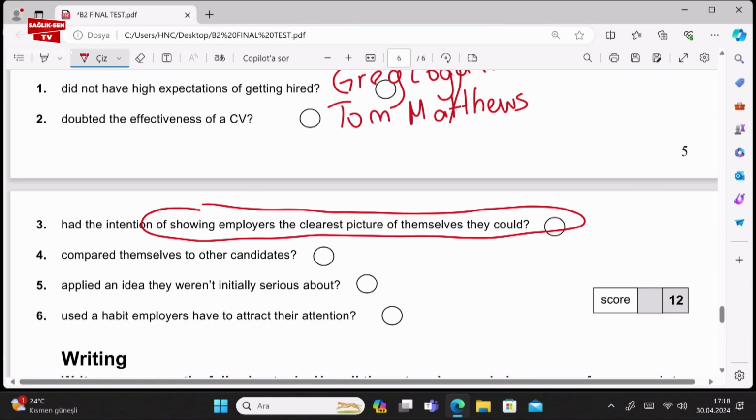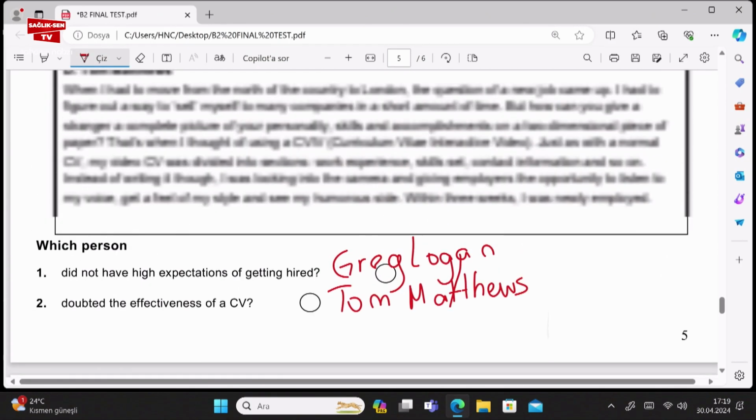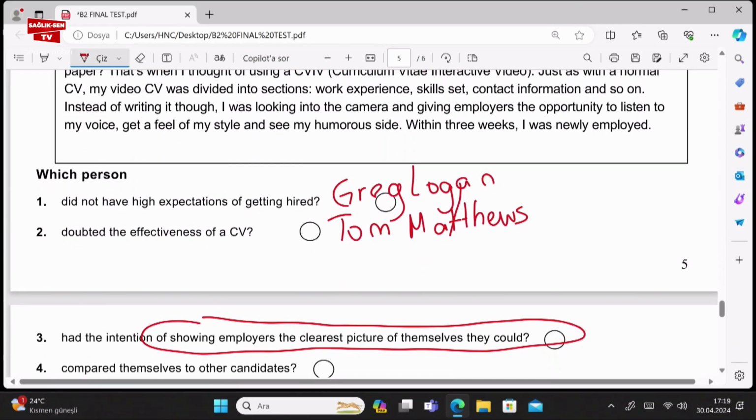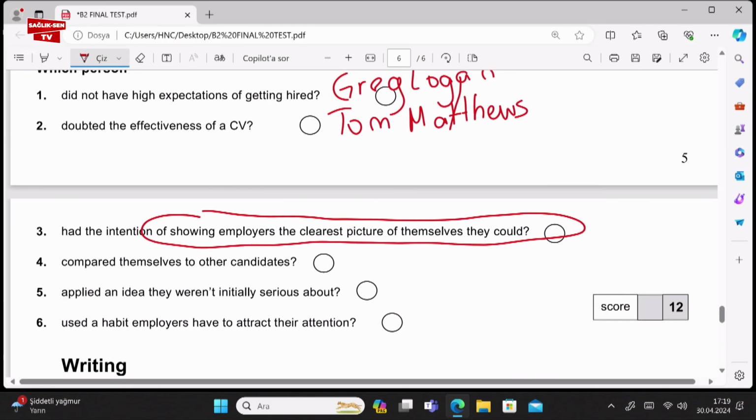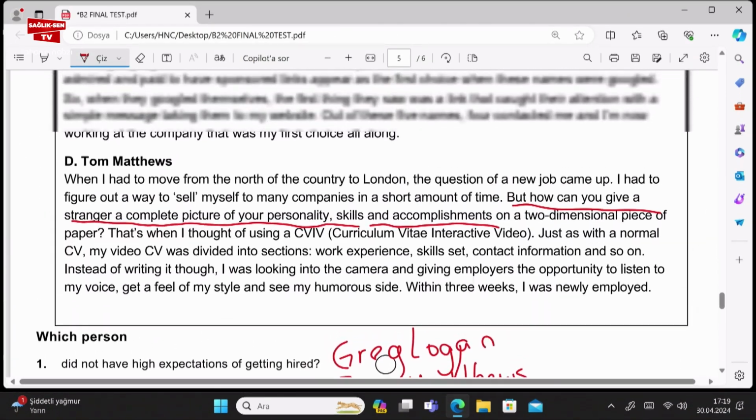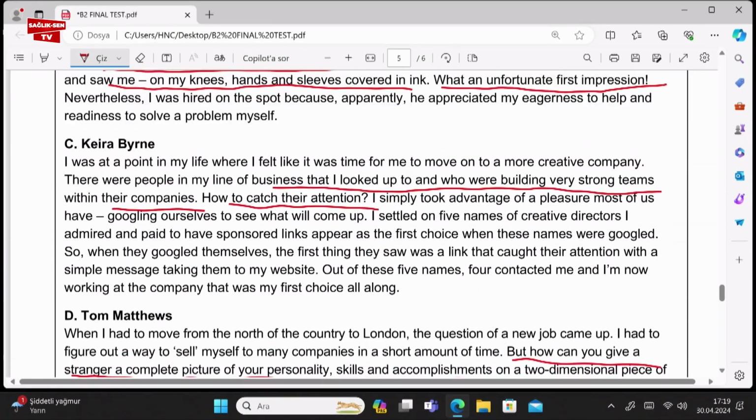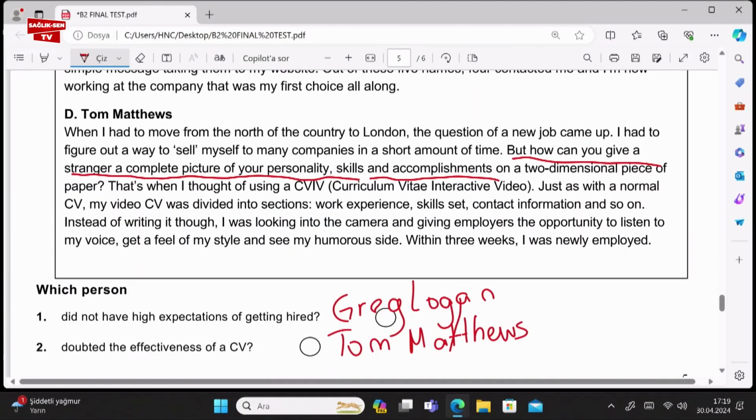Had the intention of showing employers the clearest picture of themselves as they could. We also said by shooting his video, Tom Matthews. Compared themselves to other candidates. We said that it's Kira Byrne.